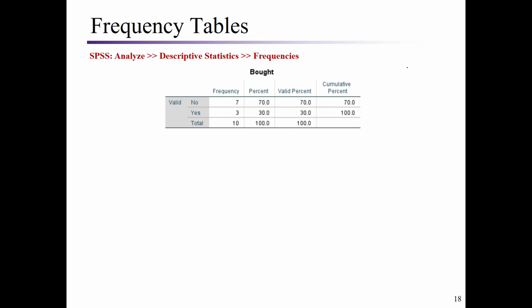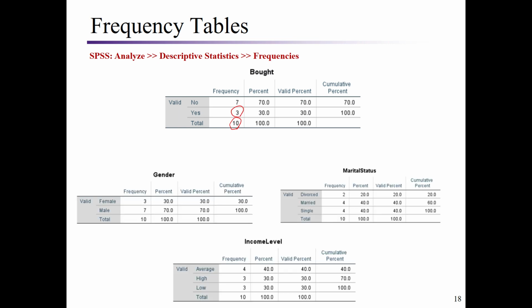Because they are discrete, we need to take a look at them one by one using frequency. There are 10 customers, and out of 10, 3 customers bought.